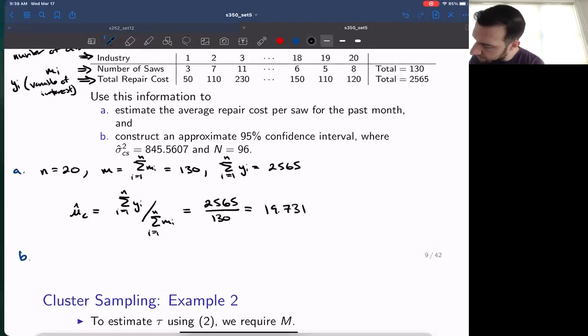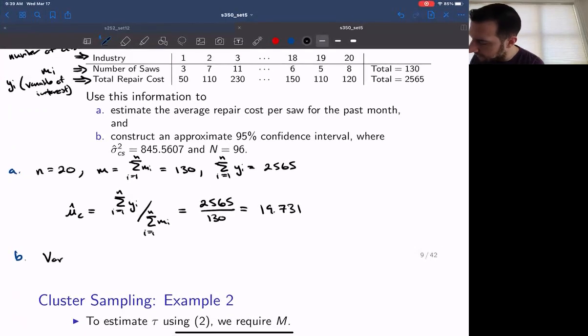So we have here the variance of mu tilde C is equal to N squared, 1 minus little n over capital N, multiplied by sigma hat squared C, divided by little n times m bar squared.